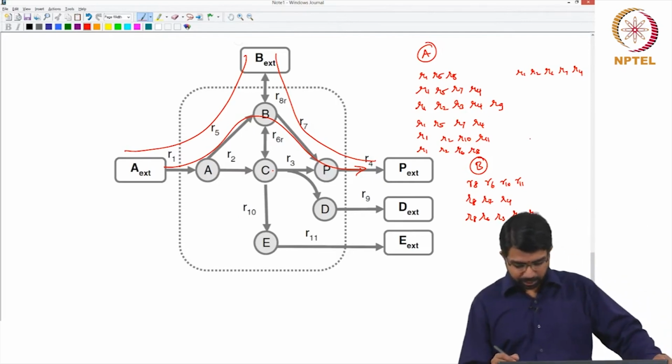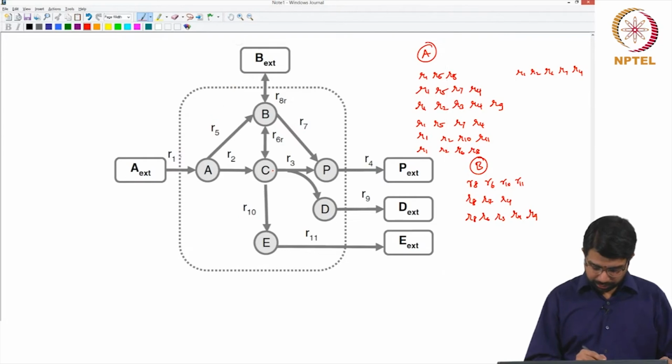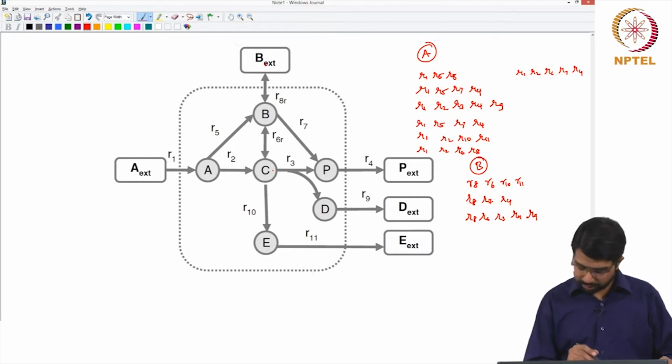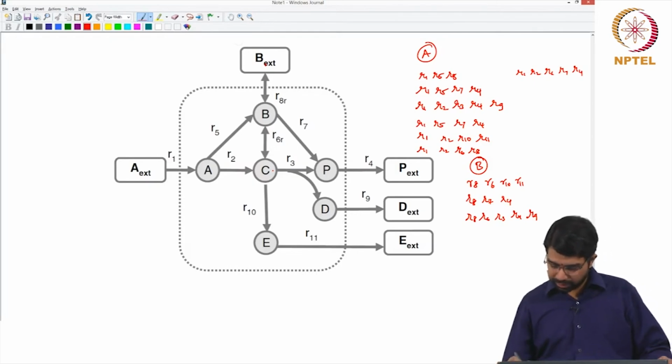Right. So let us see, have we missed out anything else? Let us take a careful look. This is done, this is done, this is done, R1, R2, R6, R8 is done, R1, R2, R6, R7, R4 is done. So we have 10 EFMs identified.